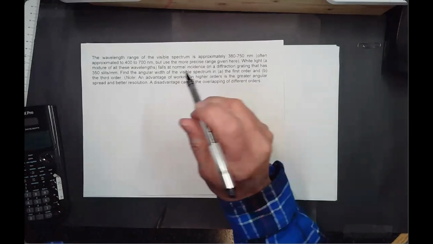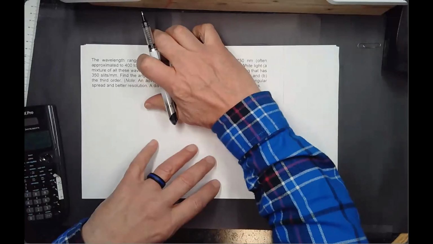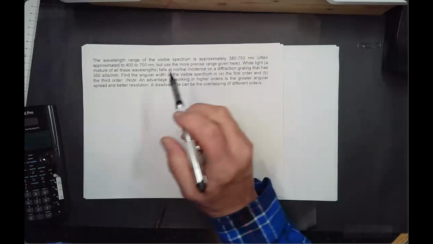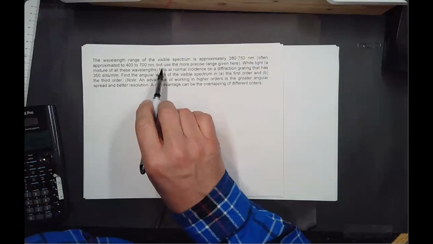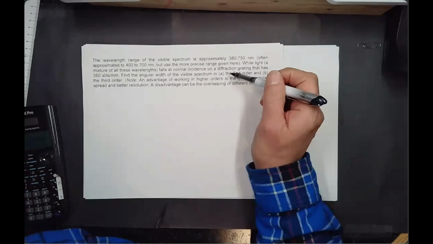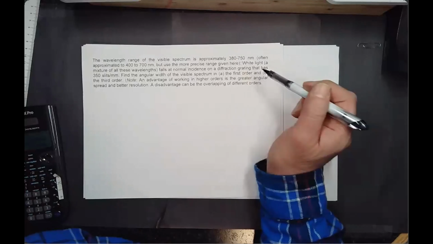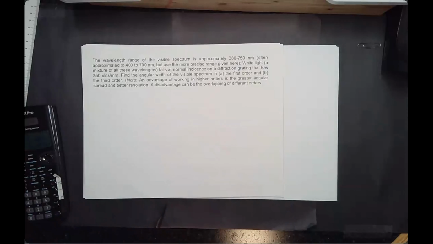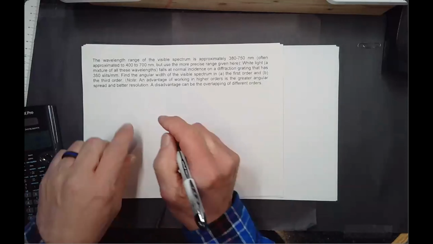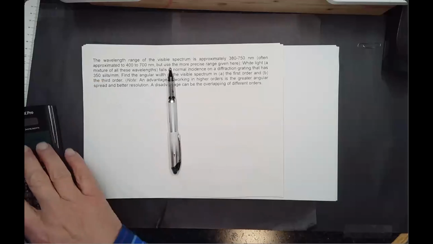What's this one? The wavelength range of the visible spectrum is approximately 380 to 750 nanometers. We've often been approximating it as 400 to 700 nanometers, but let's just use the more precise range here. White light, which is a mixture of all those wavelengths, falls at normal incidence on a diffraction grating that has 350 slits per millimeter.